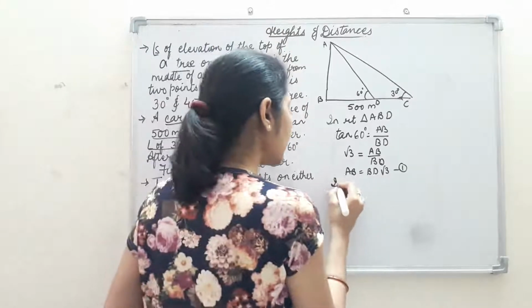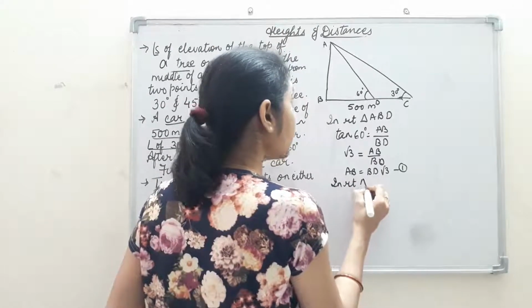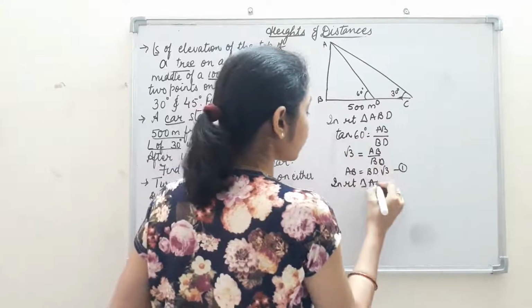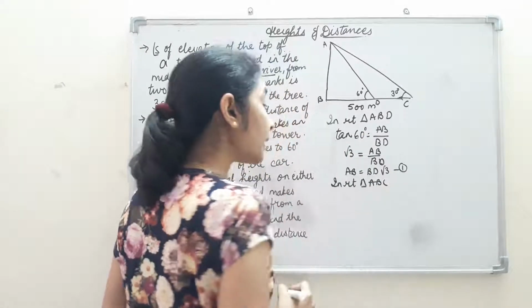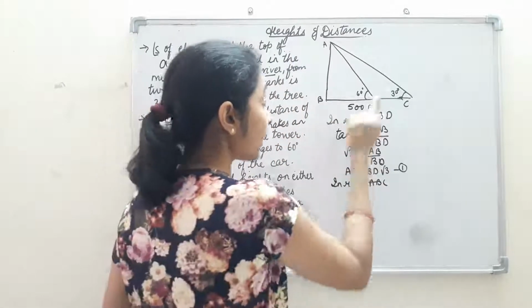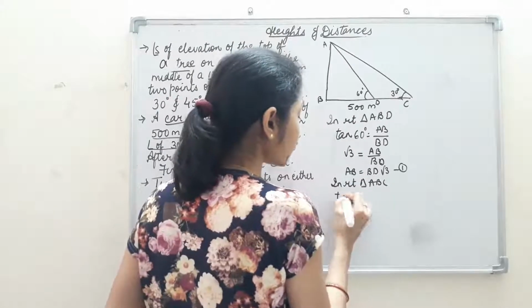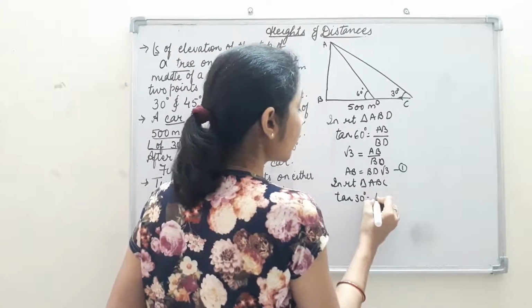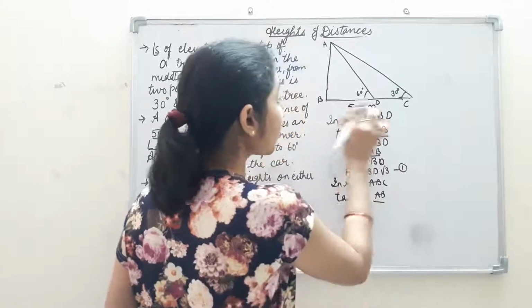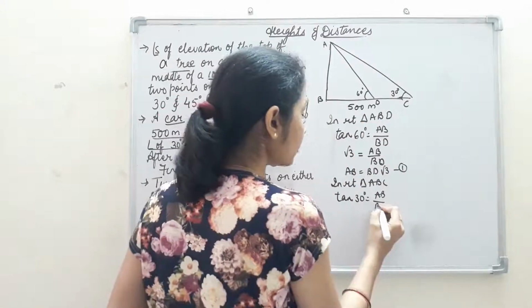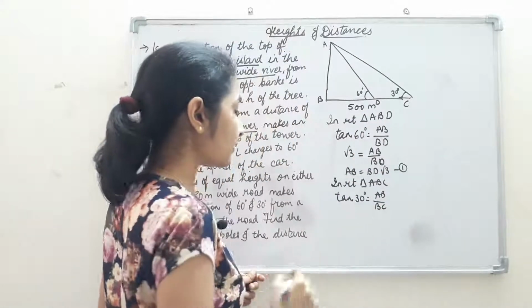Now considering the next triangle, right triangle ABC, we have theta equal to 30 degrees. So tan 30 degrees is equal to AB upon the whole BC. We know the value of BC, and that is 500 meters.